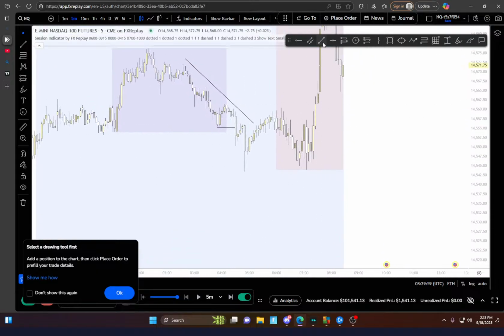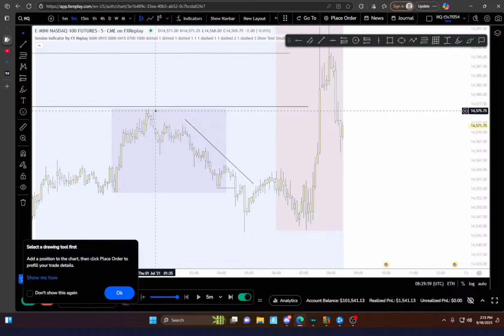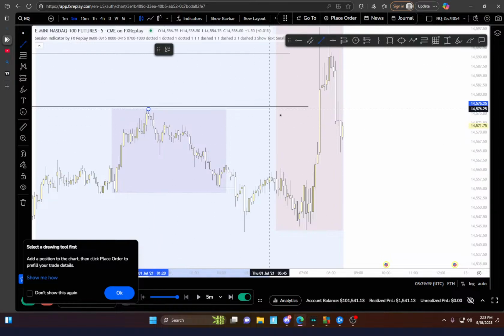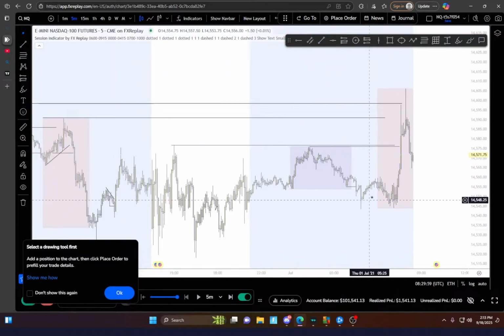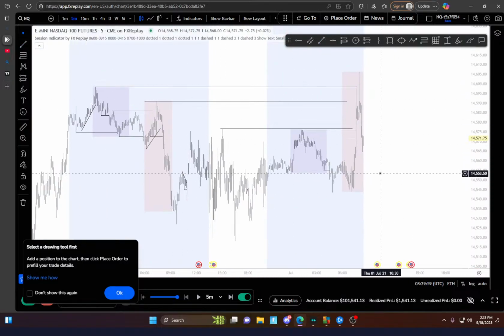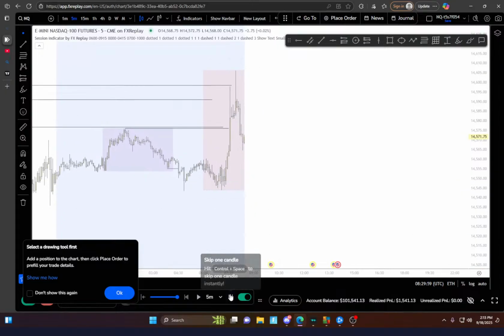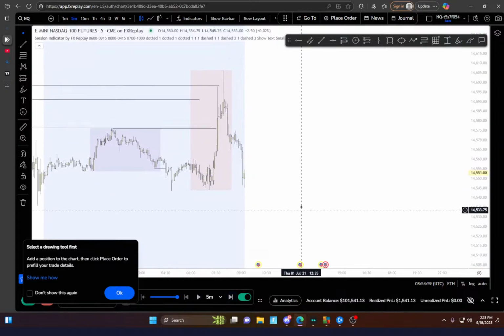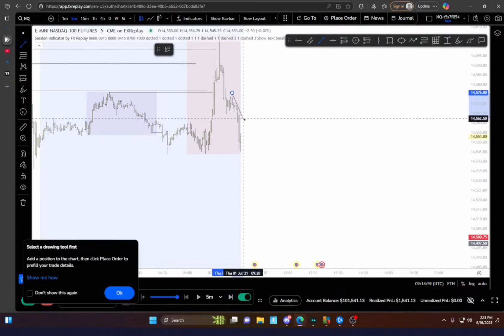And then what happens here? We break past this whole leg with speed. Now buyers are induced. Let's continue to play it. Sellers are now induced because of the speed.